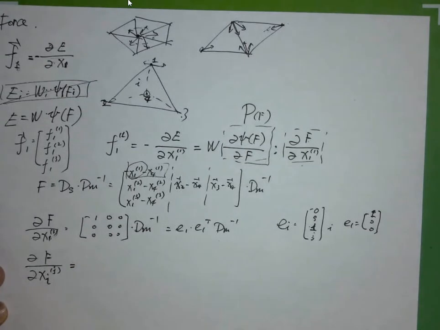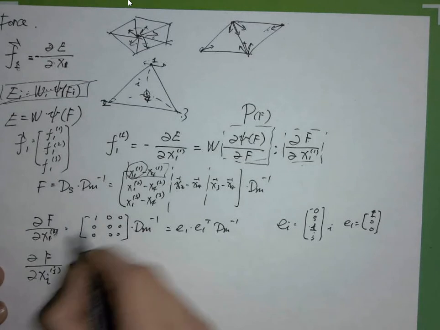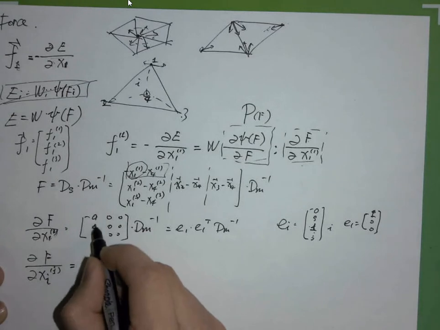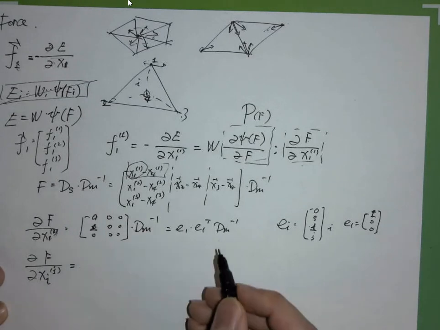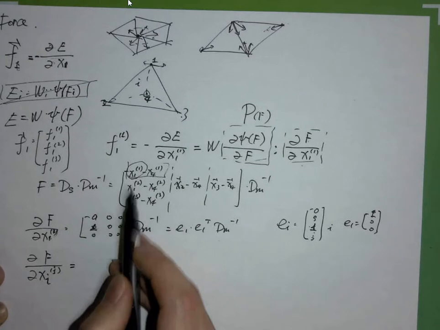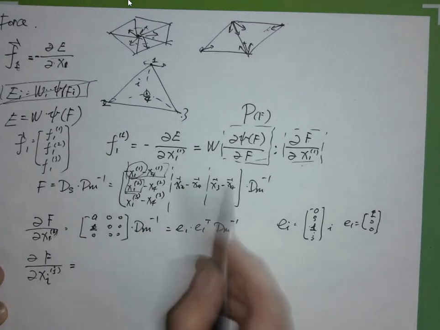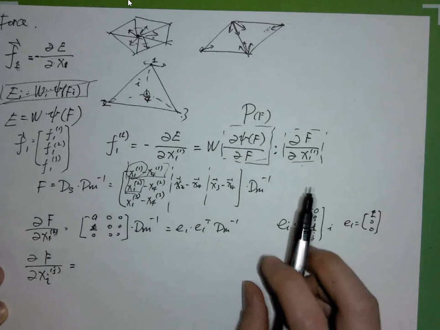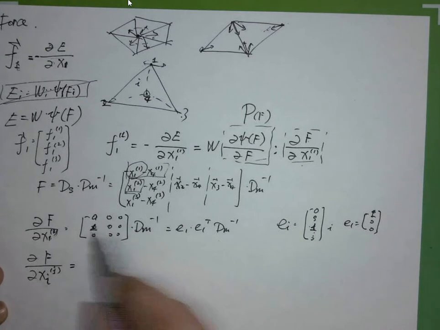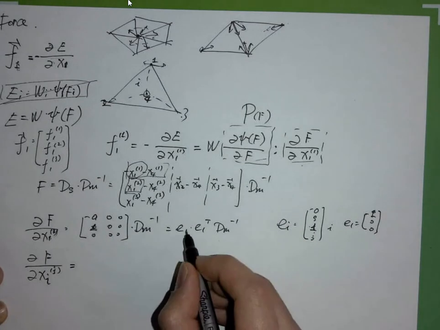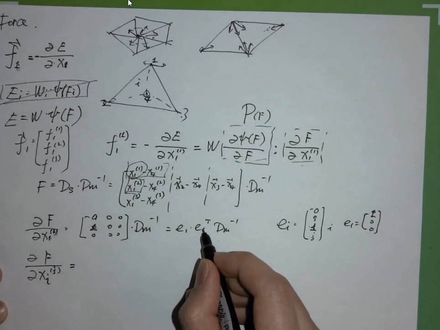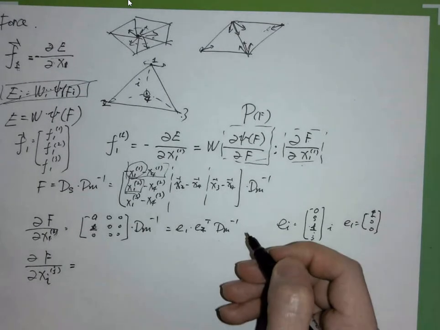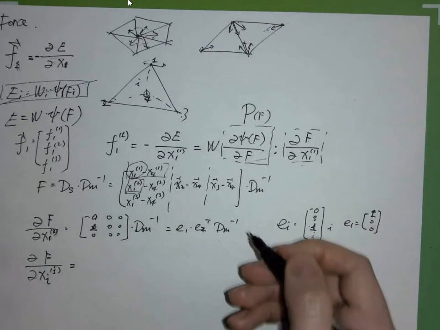If it's 2, then it's basically this matrix, because it only has an effect here, and has no effect on the rest of the system. And this one, I can write down as E1, then E2 transpose and Dm inverse. Is that correct? Let me see.